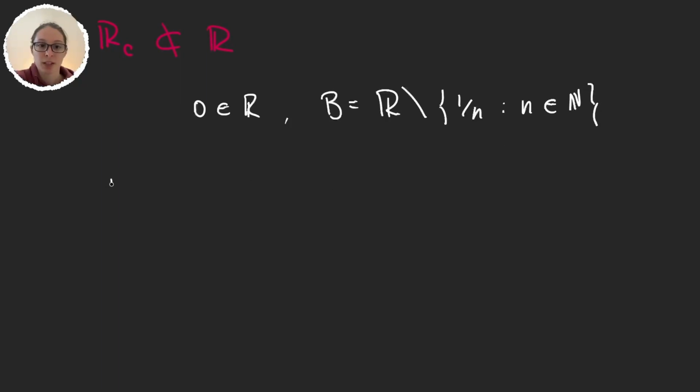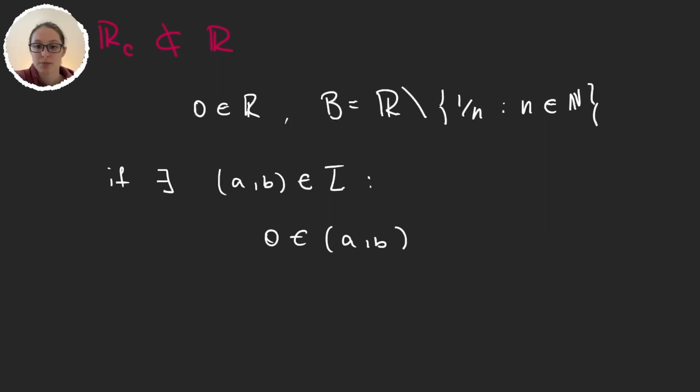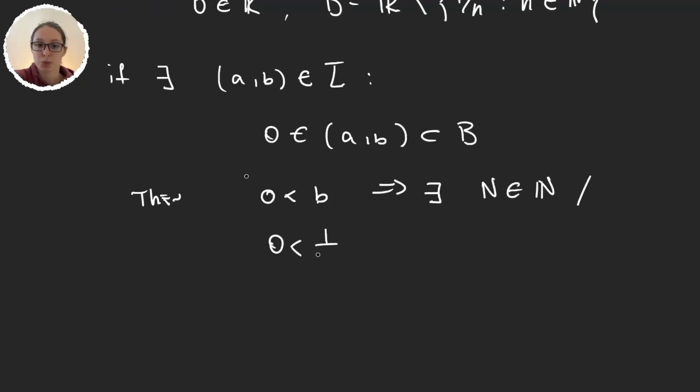Like we said before, if there existed some interval (a, b) in the standard topology, so just a usual open interval, such that 0 is contained in (a, b), subset of B, then we would have that 0 is smaller than b because it's contained in this interval, and so there exists a natural number n such that it's between 0 and b.